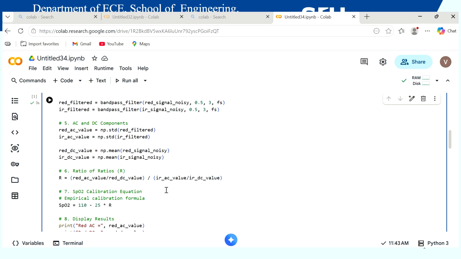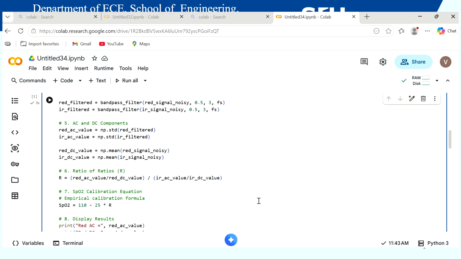Why does this line come here? This is the core formula for pulse oximetry. R is equal to AC to DC of red divided by AC to DC of IR. Why is this formula used? What is the meaning taken from this formula?